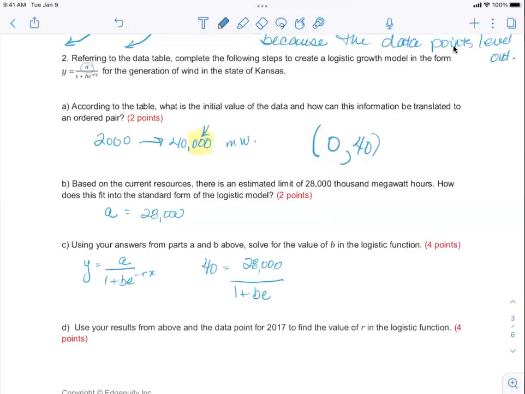Now, what's the x value? The x value is 0. But what's anything to the 0 power? It's just 1. So this is 40 is equal to 28,000 over 1 plus B. And when you turn around and solve that, B is equal to 699.